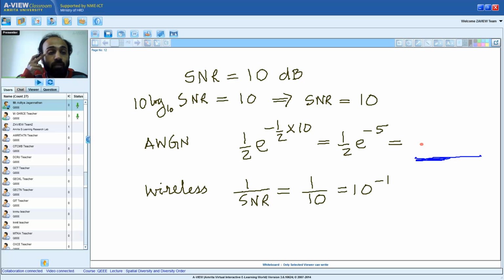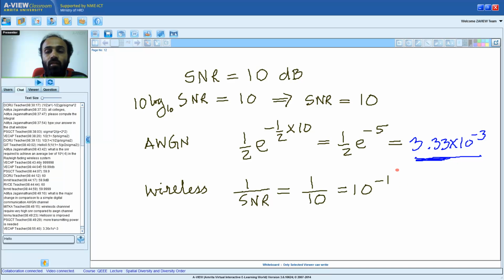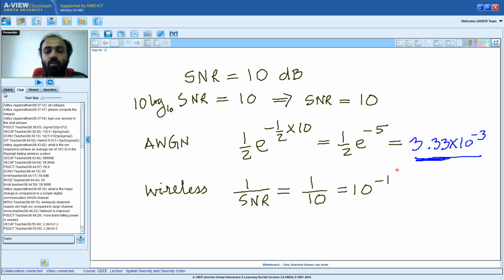Can someone prompt me on the messenger? It is 3.3 into 10 to the power of minus 3. VCAP is giving me the answer, 3.33 into 10 to the power of minus 3. So as you can see, the wireless communication system has only 10 to the power of minus 1, while in AWGN it is 3 into 10 to the power of minus 3.